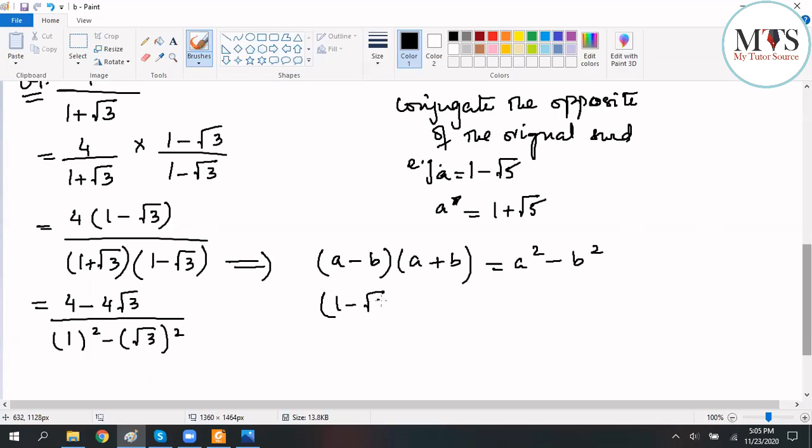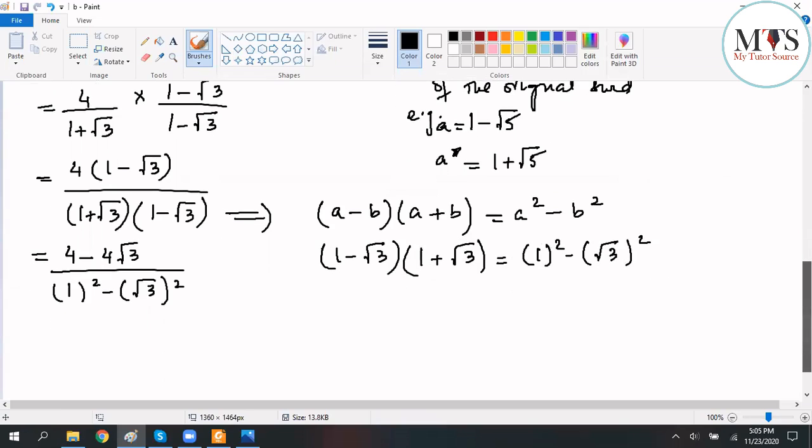So 1 minus root 3 times 1 plus root 3 equals 1 squared minus root 3 squared. So now this becomes 4 minus 4 root 3 over 1 minus 3, which is 4 minus 4 root 3 over negative 2.